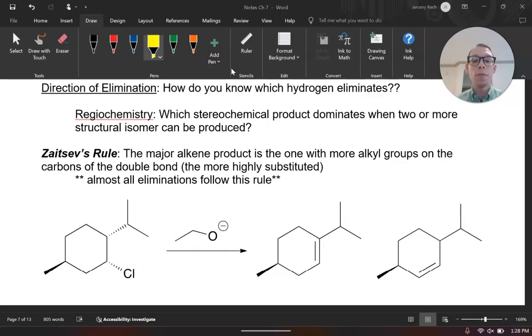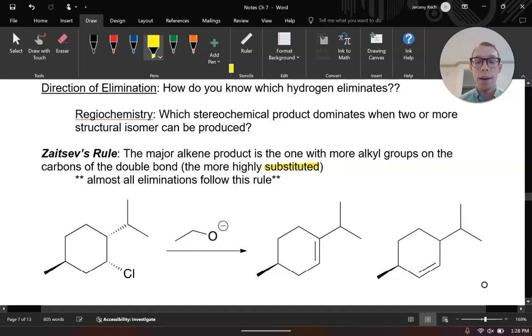So Zaitsev's rule generally falls into the category of: we want to make the most substituted double bond. In a case where you have multiple different hydrogens which you could abstract, you are going to make a double bond that is surrounded by the largest amount of substituents. Here is an example of an elimination that's going to occur.